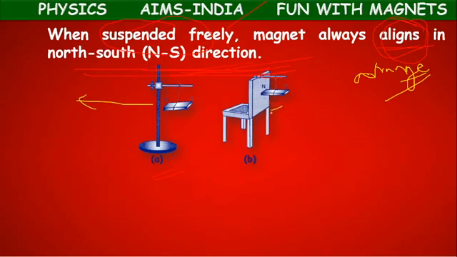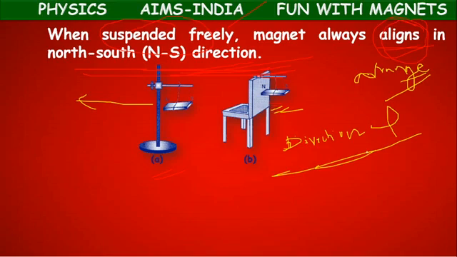In that way, it aligns itself. So this is called the directional property of the magnet. So along with the attraction property and the repulsion property, the magnet also has a special property called the directional property.